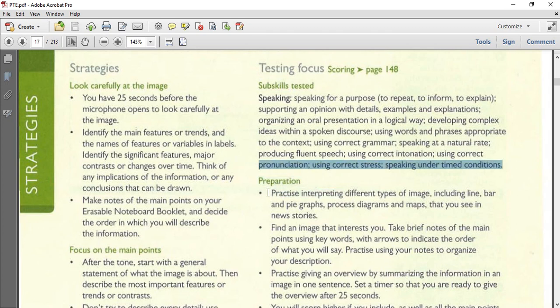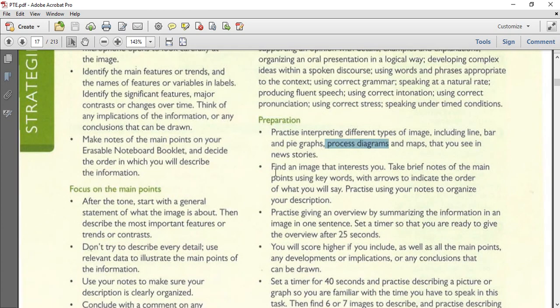Presentation, practice interpreting different types of image, including line, bar or pie graph, process diagram, and maps that you see in the news story. Okay, find an image that interests you. Take brief notes of the main points using keywords.